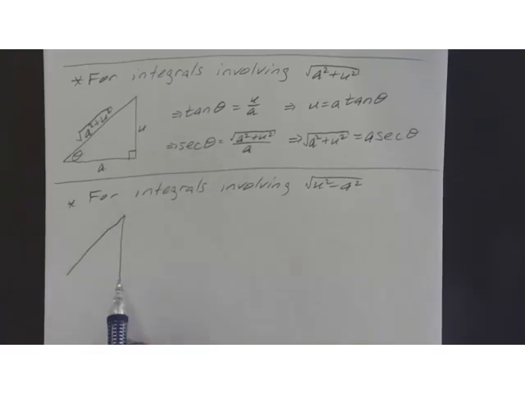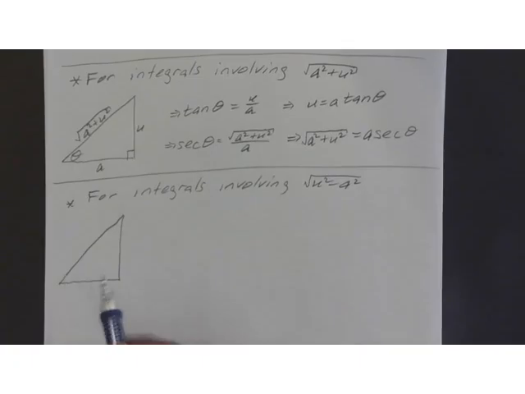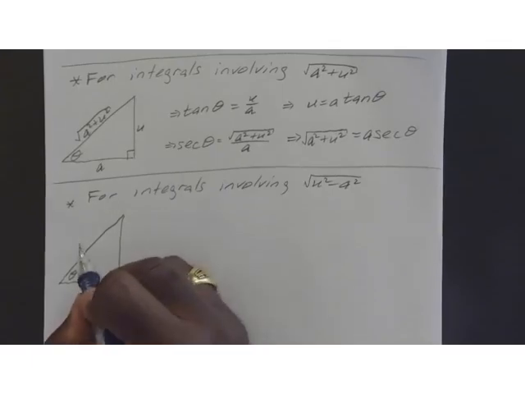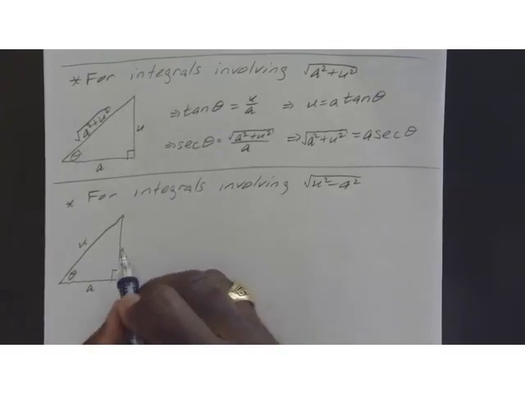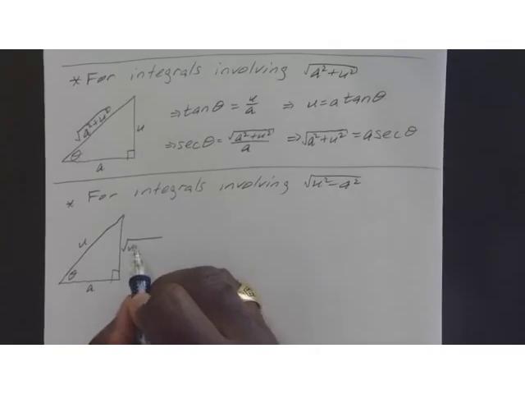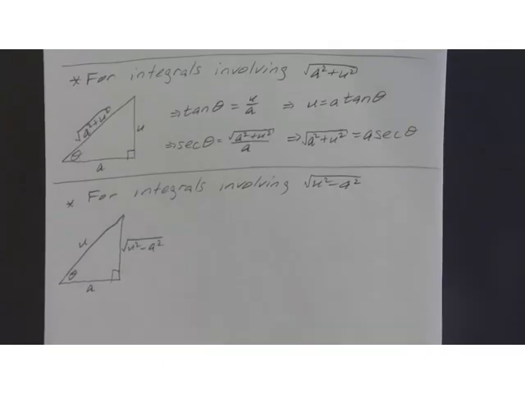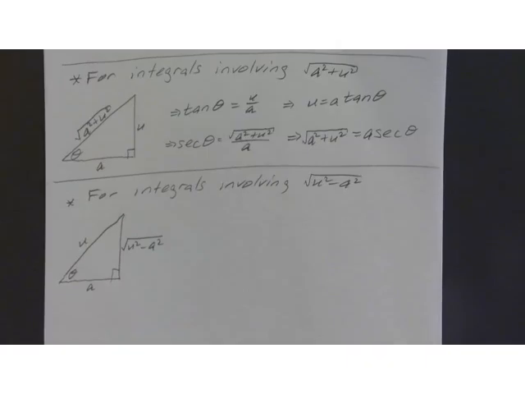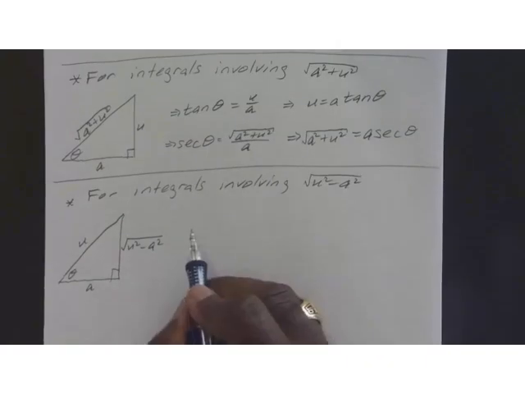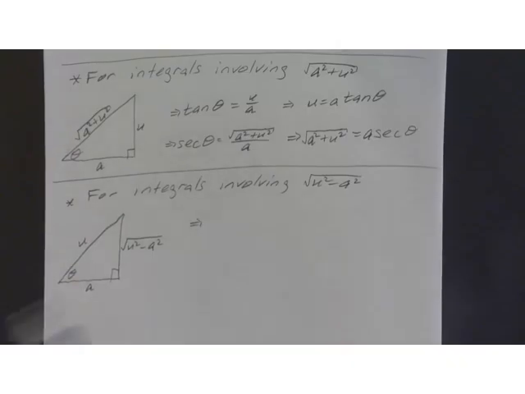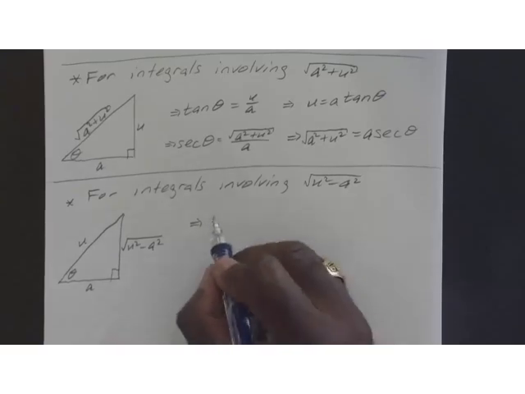Okay, so we have our right triangle. We have our a and our u. If we use the Pythagorean theorem, that's the square root of u squared minus a squared. And again, we know that tangent is equal to opposite over adjacent.